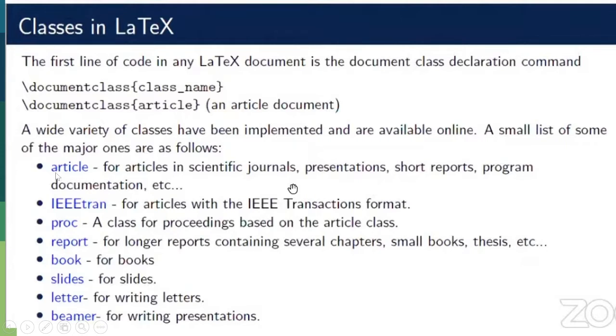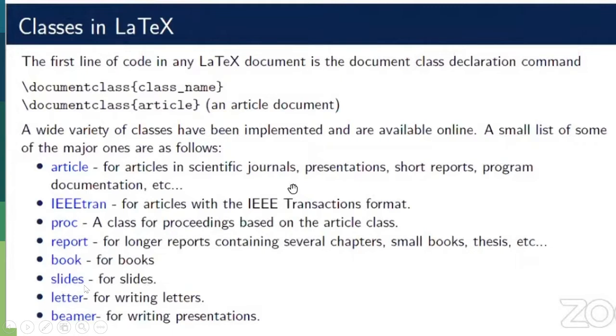For example, if you are preparing an article, then we can put article as the class name, and that will provide article-style setups, which is useful for scientific journals, short presentations or program documents. Or if it is IEEEtran, it provides the format for IEEE transaction papers. Like that, if you want to create a book, the class name will be book.